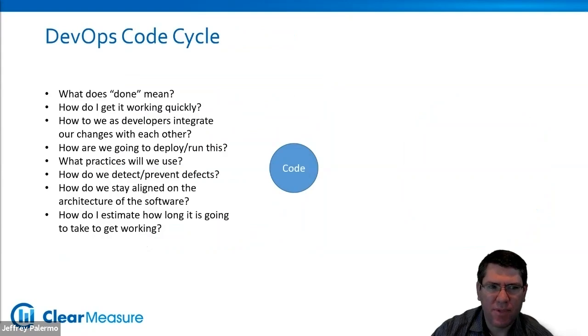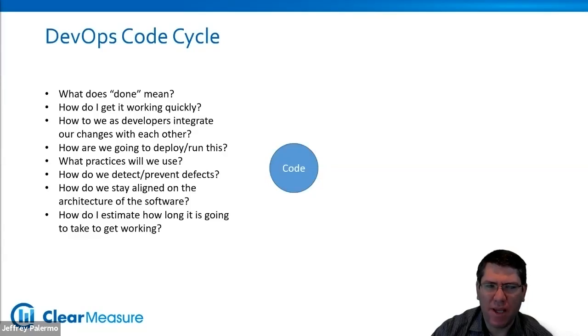So diving into code, some of the questions that we're looking to answer are, how do we detect and prevent defects? And how do we stay aligned with the architecture of the software? And how do I get it working too? And so let's dive into code and just blow this out.